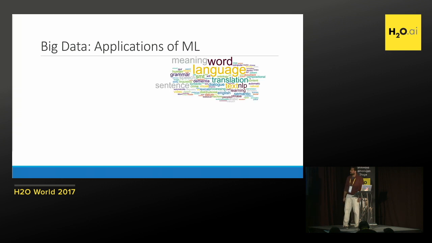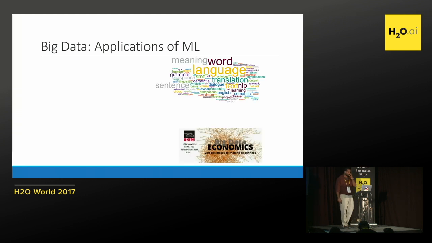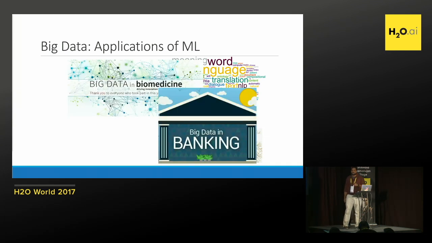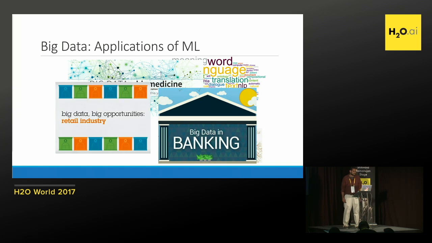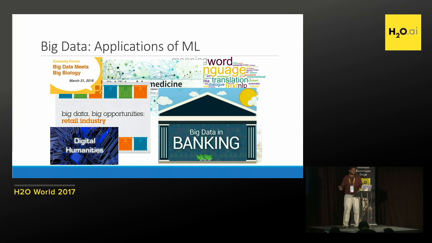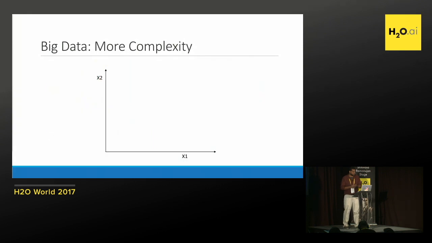You had language, economics, biomedicine, banking, finance, retail industry, commercial stuff, humanities, and just basic sciences as well. Just lots and lots of applications, right? Now, applications by themselves are not a problem. The problem was that with this big data, the underlying data became quite complex.